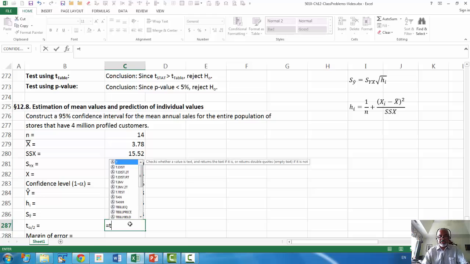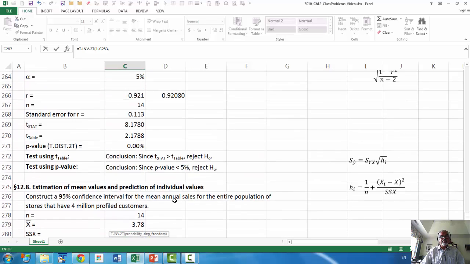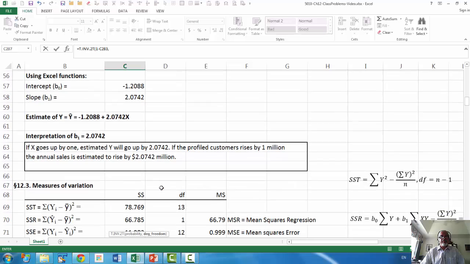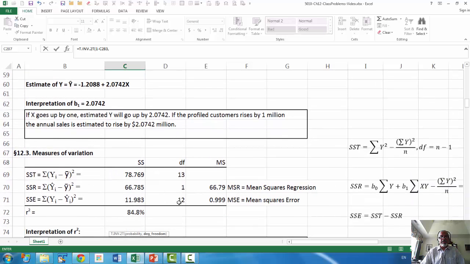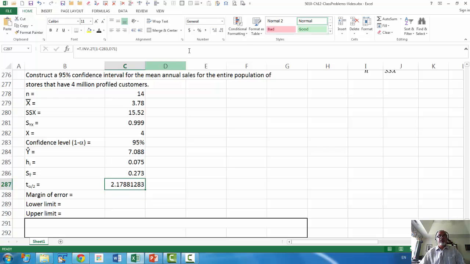The t table value is T.INV.2T. Now we need to provide the alpha value, so we go 1 minus confidence level, comma, degrees of freedom. Degrees of freedom is the MSE degrees of freedom, which is right here, or we can get this from the data analysis regression output results also.